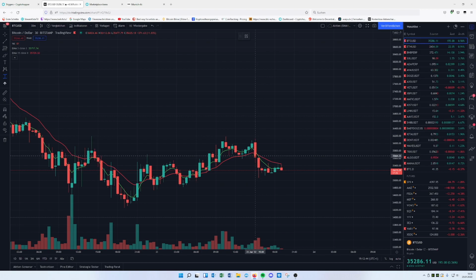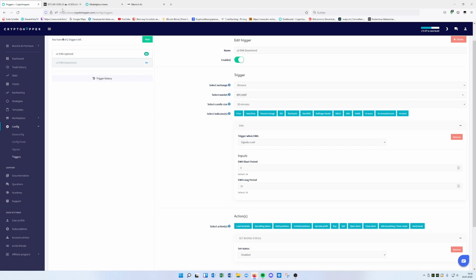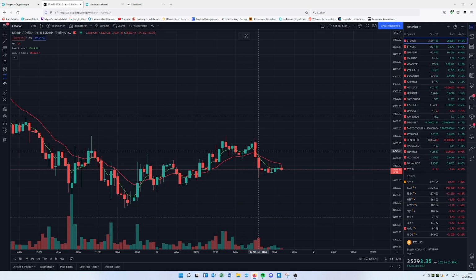And on the other way, when there's a downtrend where the hopper should not buy, when it's switching like here, because there's a massive candle going down, we want the hopper to be deactivated. We select EMA downtrend, put in a name, enable Binance the same, 30 minutes, putting here EMA, and then trigger when EMA crossing signals a sell.